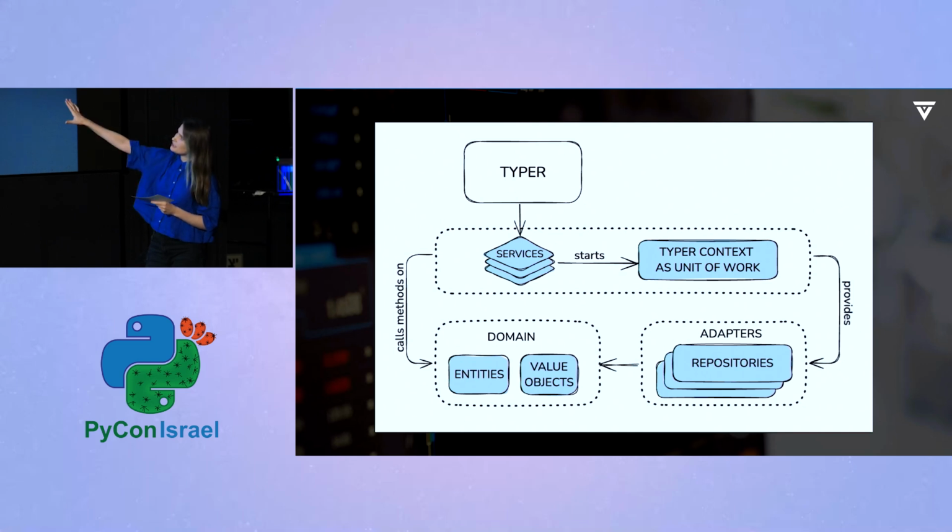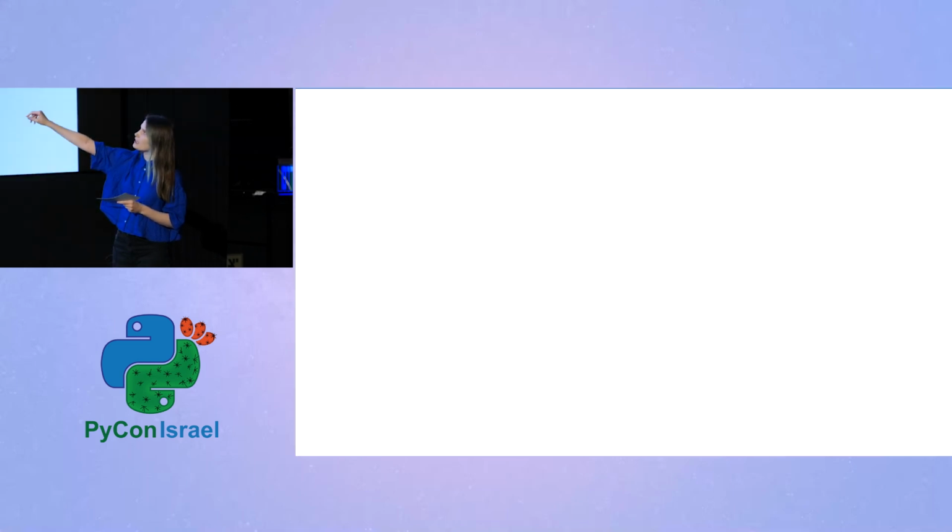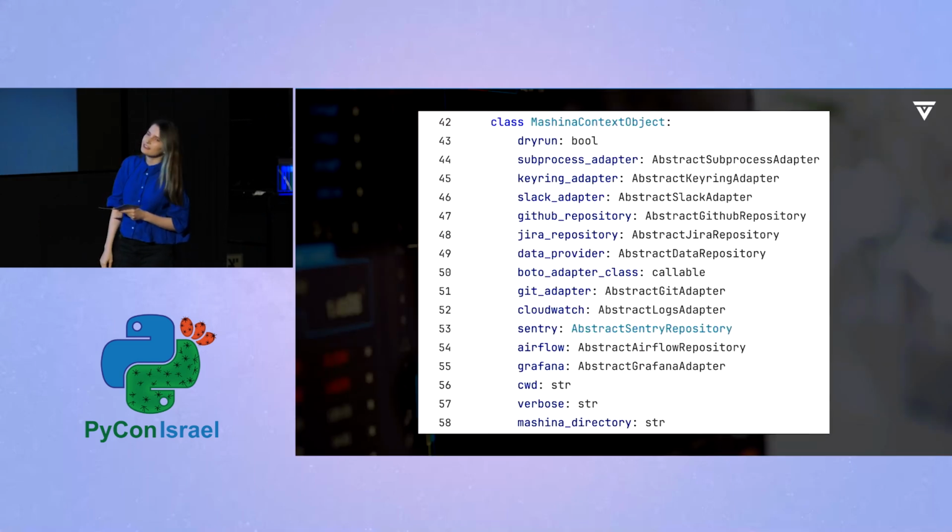On the adapters layer, we have a lot of repositories, and in the domain we have entities and value objects. And that is actually, I know it's huge. They told us to make it bigger. Sorry, maybe a little bit too much, but at least you definitely can see it. So we have the Machina context object, a class that has all the information for repositories to work with, like all connection details, for example.